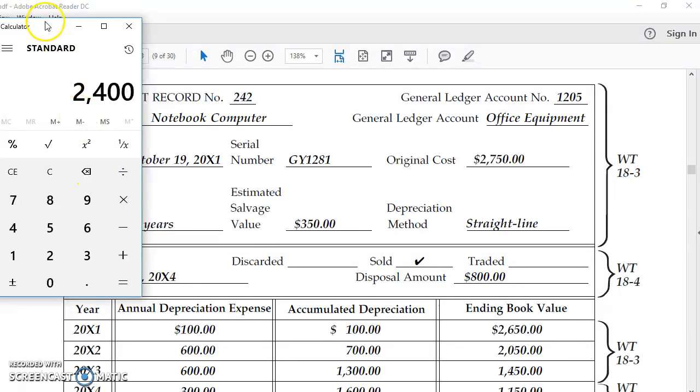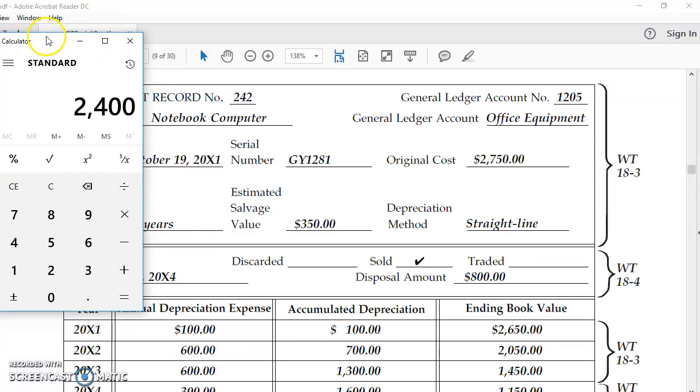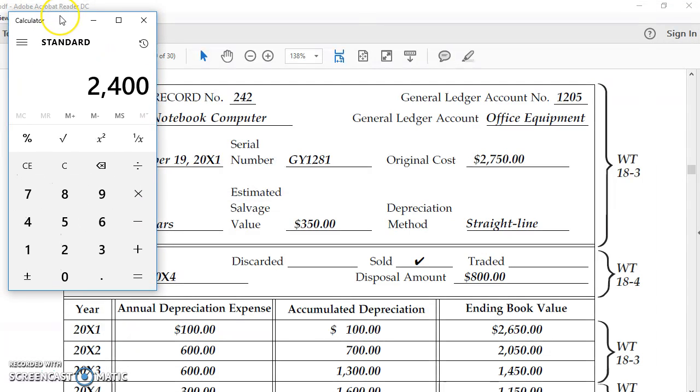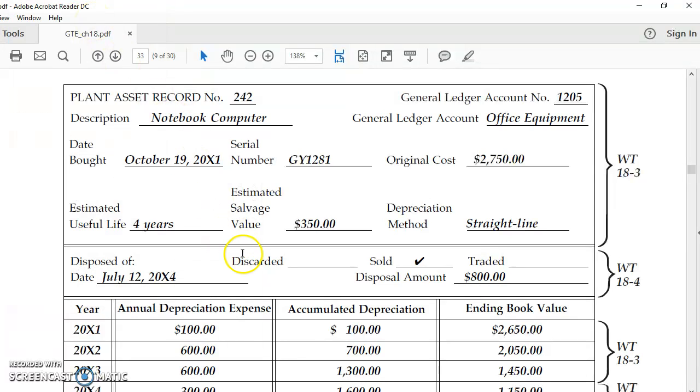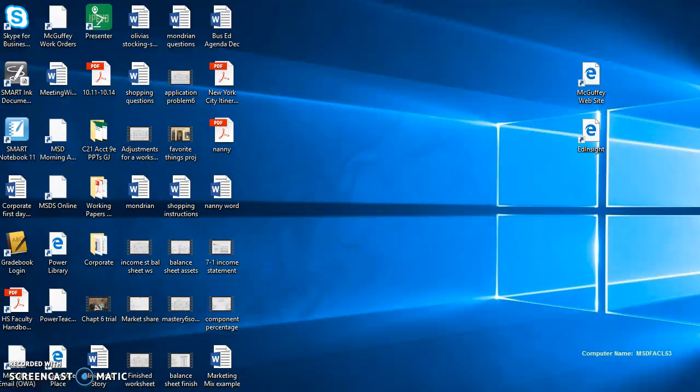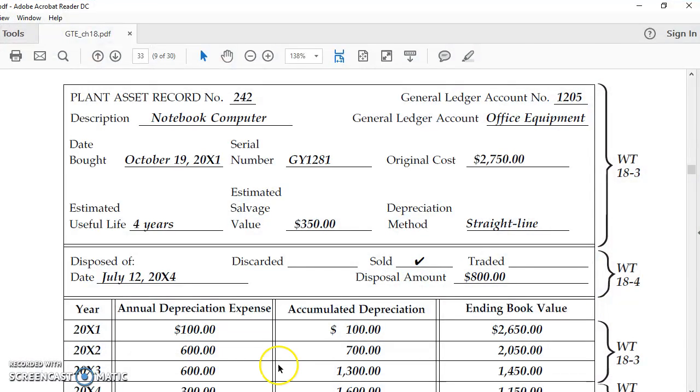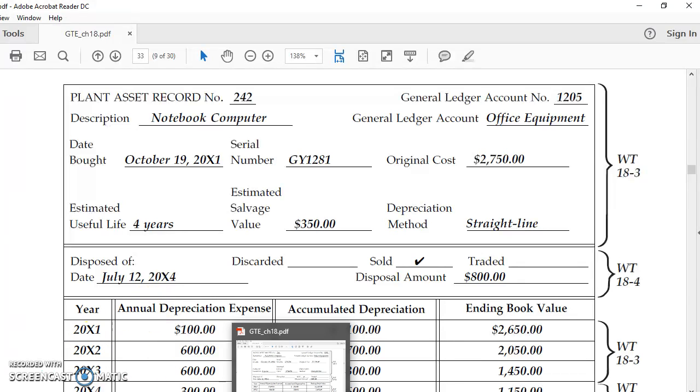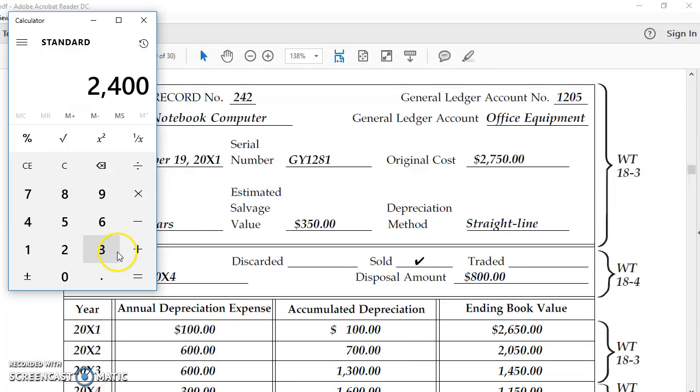And once again, this is to be depreciated in 4 years. So you're going to take that $2,400, divide by the 4 years, and you're going to have $600.